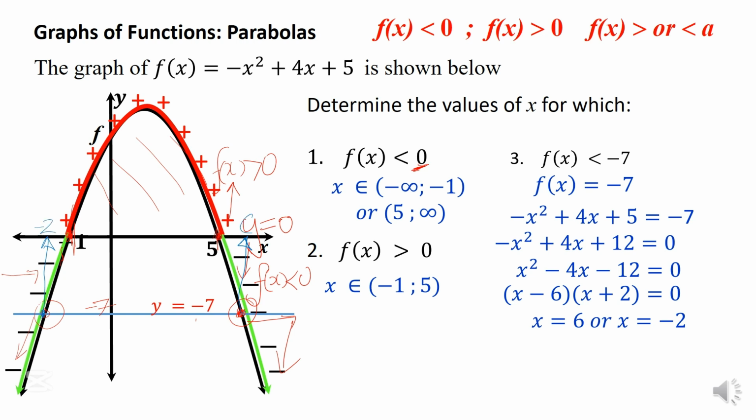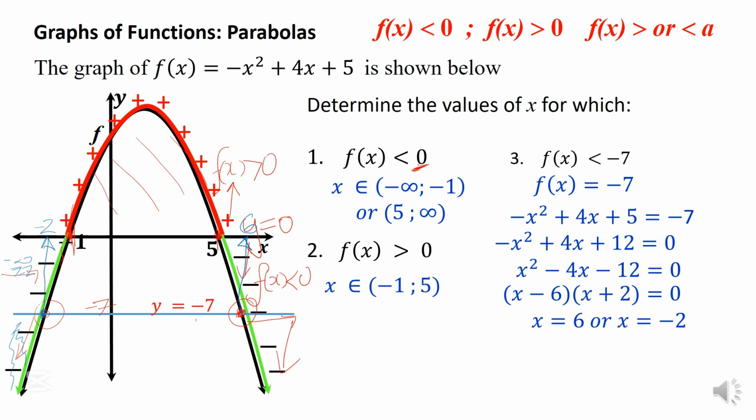So the interpretation of our answer now is that from the left side up to -2, which means from -infinity up to -2, the graph is all below -7. This whole section here is below -7. That is from -infinity up to -2.